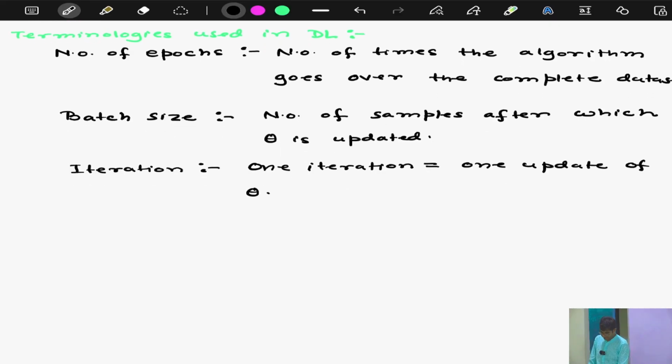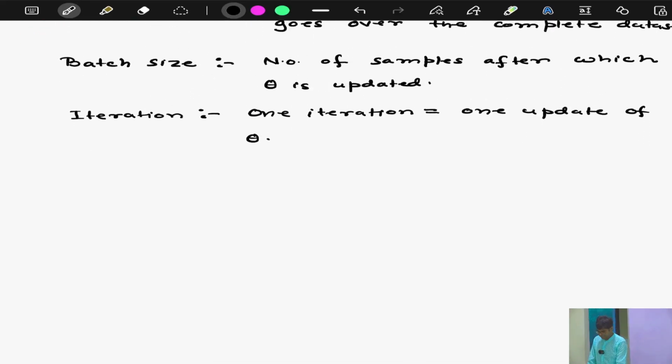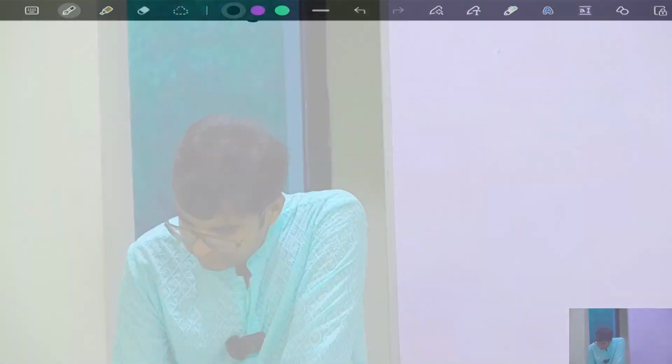Okay. So now with these things, let us see in the three algorithms that we discussed: batch gradient descent, stochastic gradient descent, and mini batch gradient descent, what this turns out to be. What is the iteration, what is epoch, what is batch size, and so on and so forth, right? So let us do it like this. So let me write down the algorithm here.